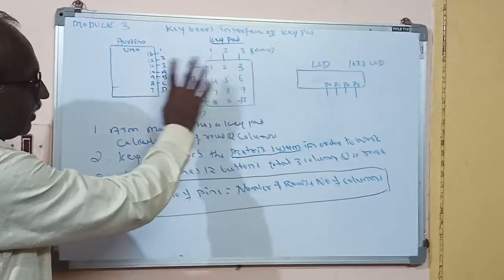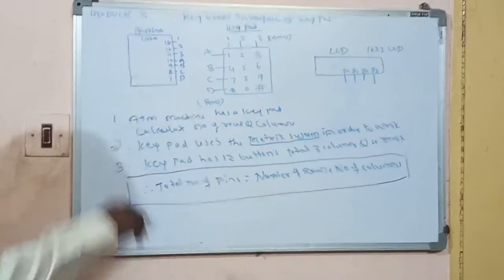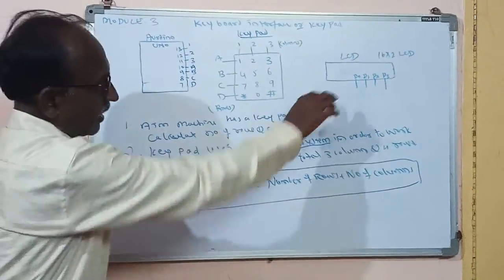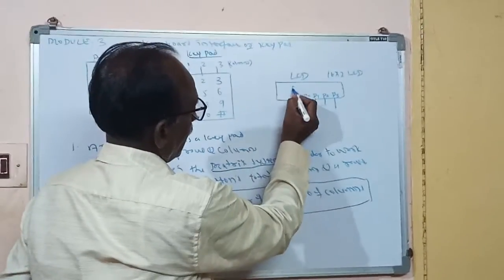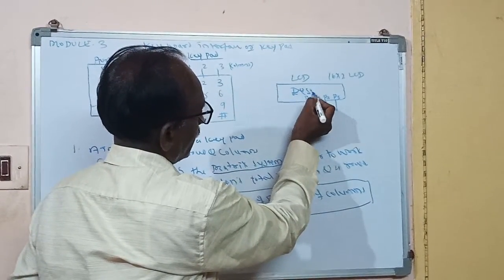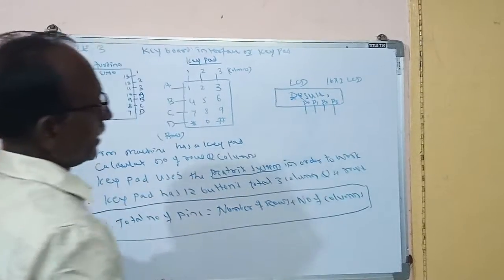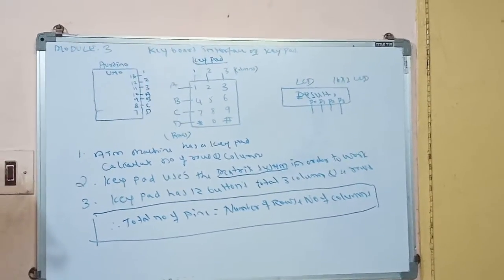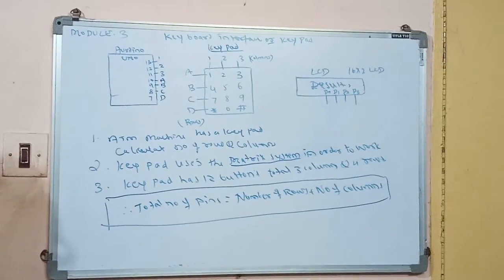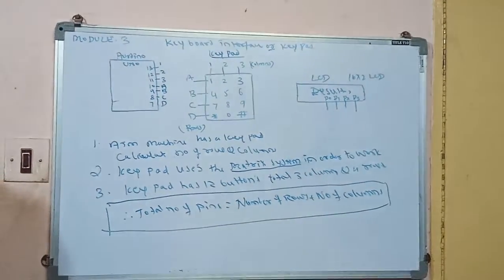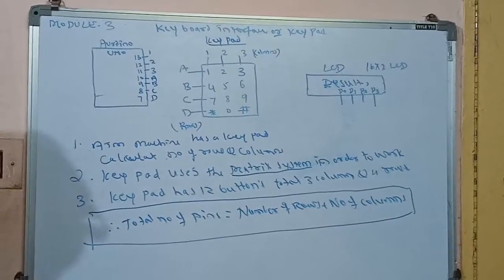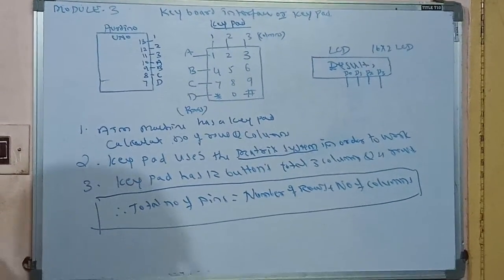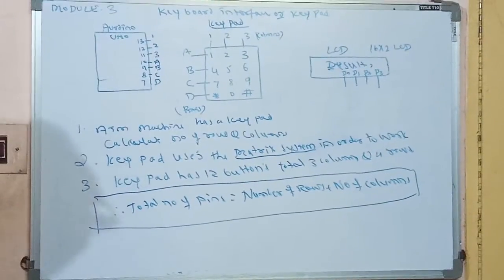Whatever information you press with the help of the keyboard is passed, and you can observe the results on the LCD board, whether correct or not. In this way, we can interface the keyboard or keypad with the help of Arduino UNO.